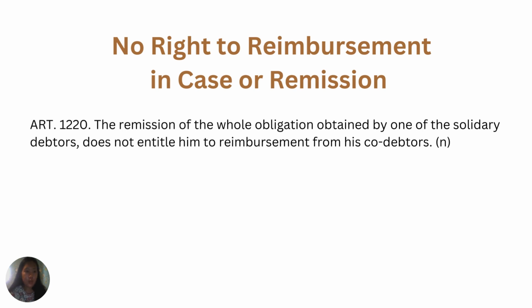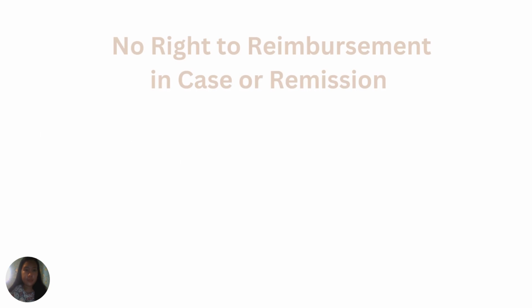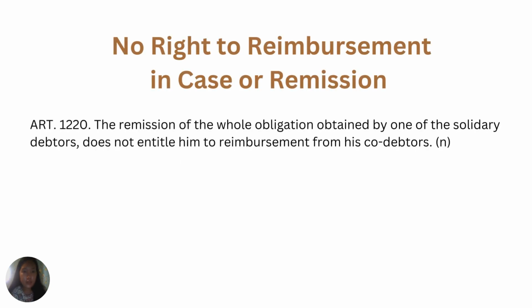According to Article 1220, the remission of the whole obligation obtained by one of the solidary debtors does not entitle him to reimbursement from his co-debtors. So there's no right to reimbursement in case of remission, and that is included in Article 1220. The reason for this article is that the debtor who obtains remission pays nothing to the creditor.